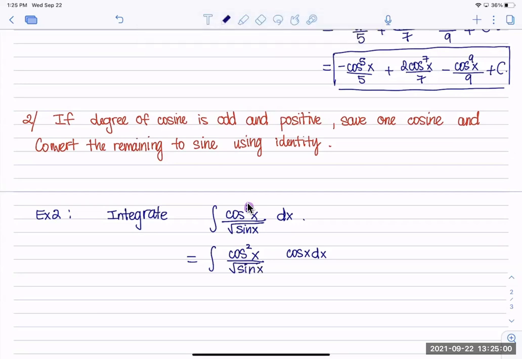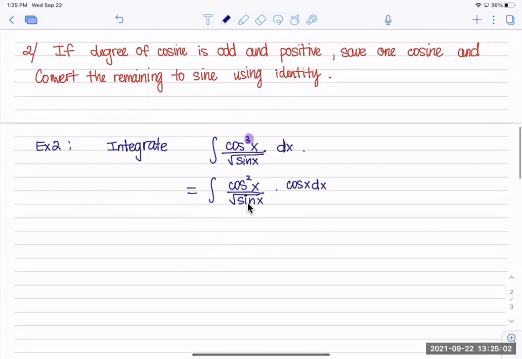All right, and then we need to convert that to sine by using the identity above. So 1 minus sine squared over square root of sine x, cosine x dx. All right, so when we substitute, we're gonna let u equal sine x.